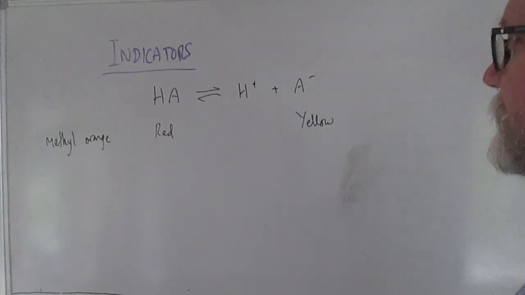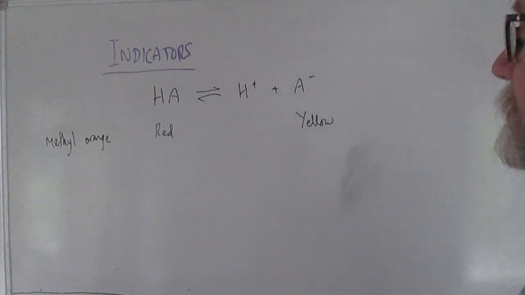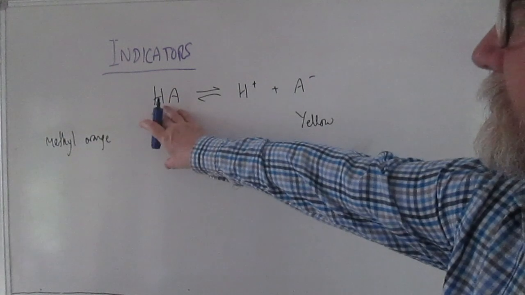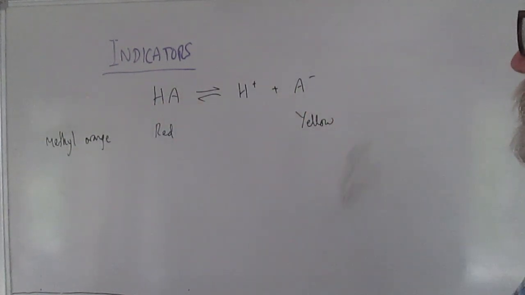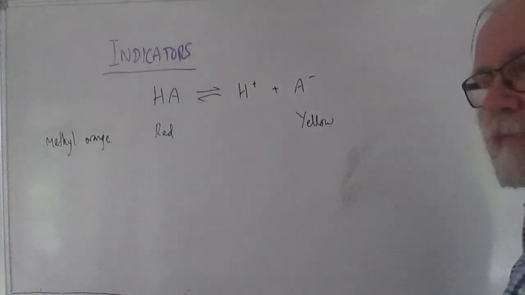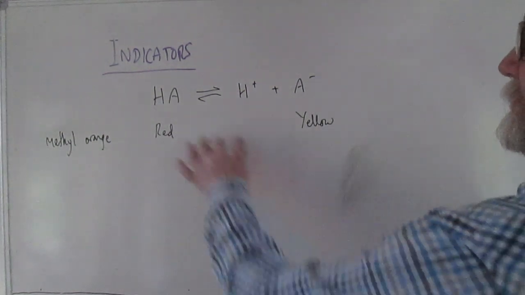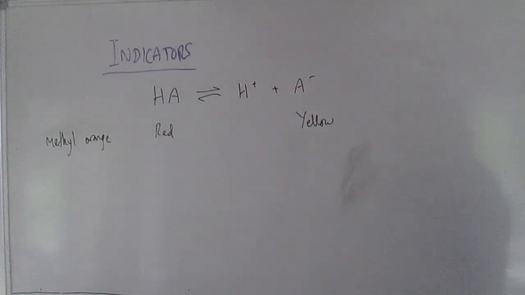Conversely, if you go to high pH where H+ concentration is very low, this equilibrium will shift this way to oppose the change, and so red HA gets converted into yellow A-. And of course at some point in between you're going to get a situation where both of these forms are significantly populated, and then you get a mixture of red and yellow, and as you will remember from primary school, if you mix red and yellow you see orange.